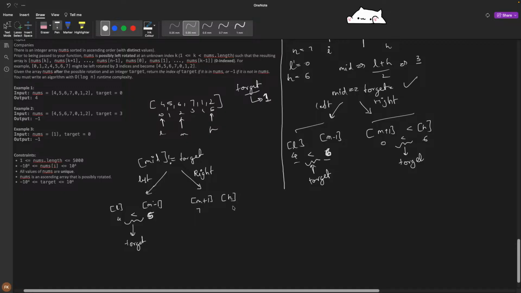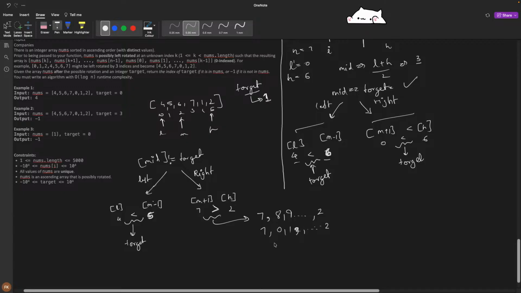Mid plus 1 is 7 and high is 2. Now since this is opposite, that means the numbers between these two could be 7, 8, 9 and 2, or it could be 7, 0, 1, 2 till 2.